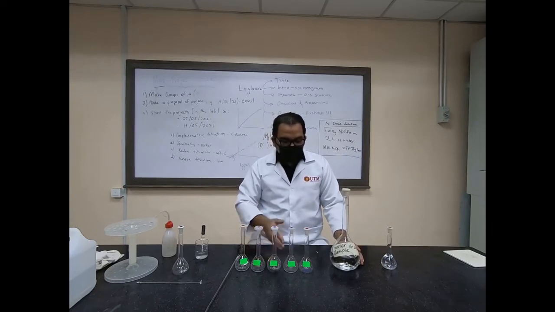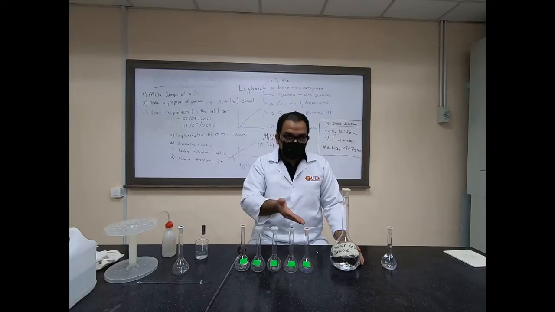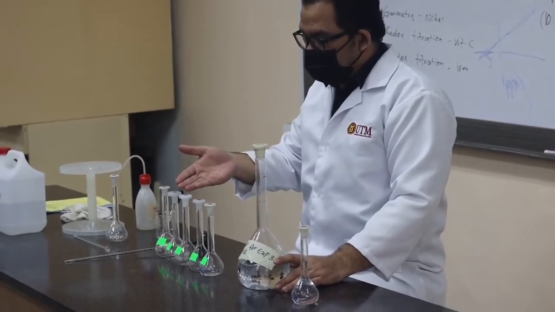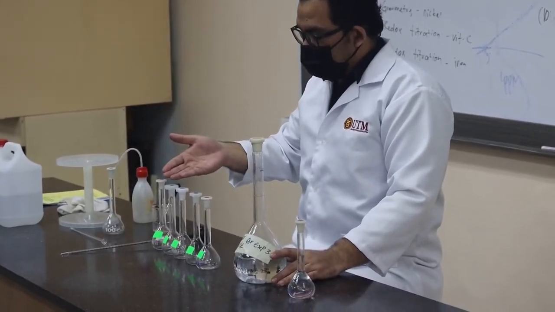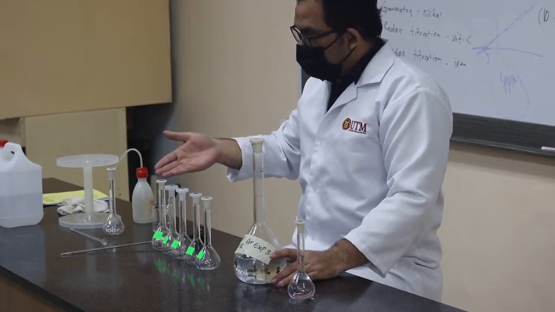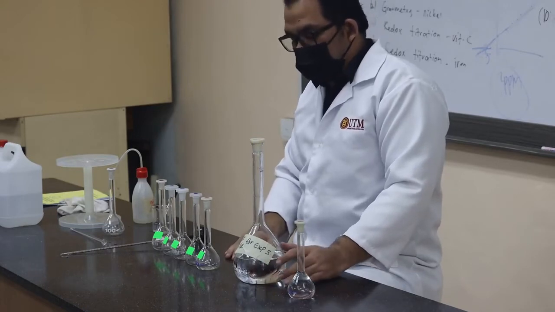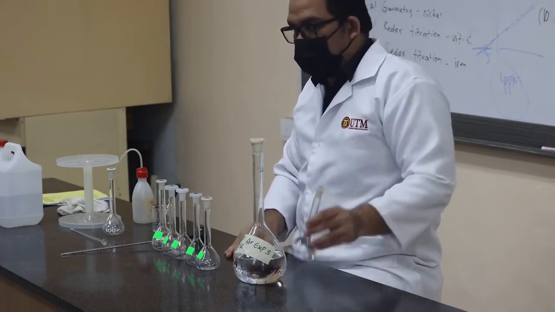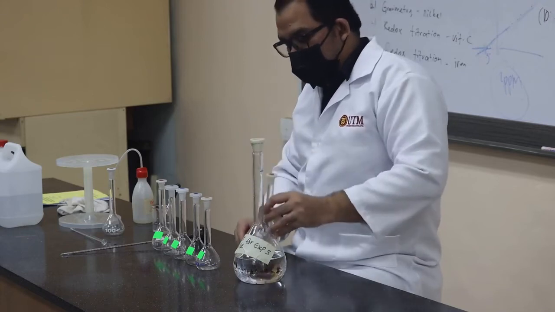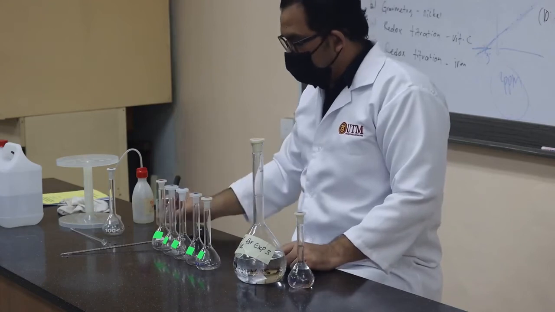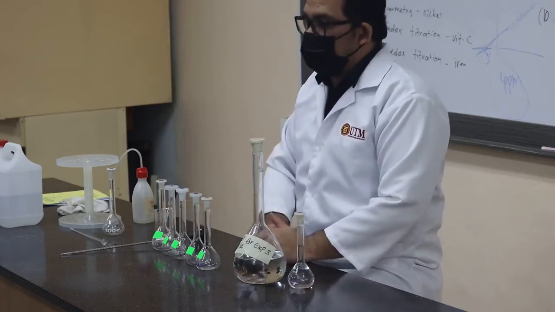And then I'm going to make up the concentration to X plus 1 ppm, X plus 0.75 ppm, X plus 0.5 ppm, X plus 0.25 ppm, and X plus 0.0 ppm by adding certain amounts of volume from the working standards that I prepared earlier. The volume will be made up to the mark using distilled water, and you have to be very careful when you are doing that to make sure that you get the meniscus right on the dot.